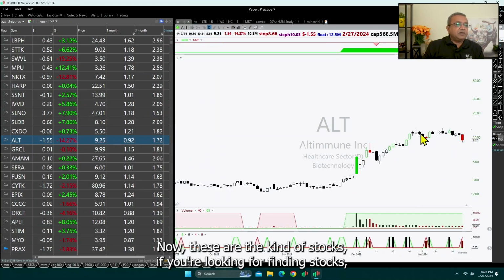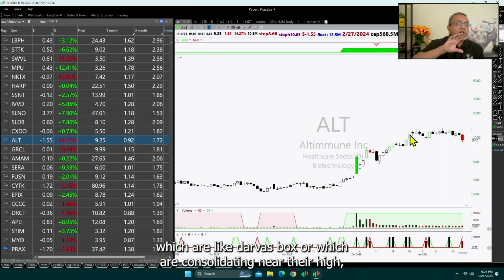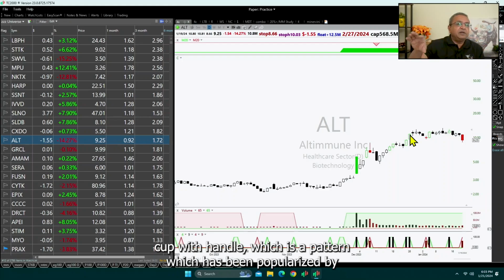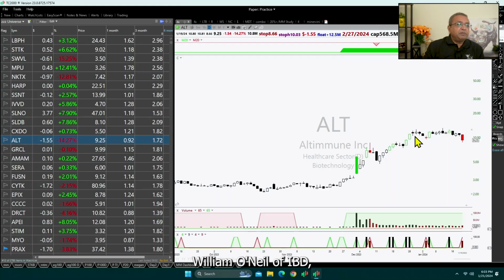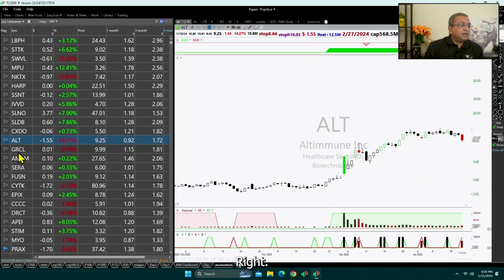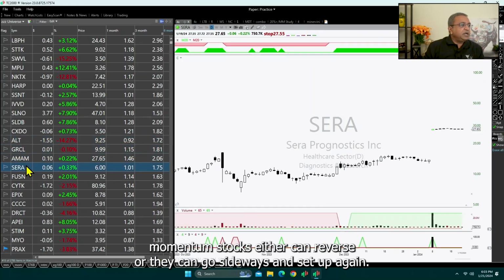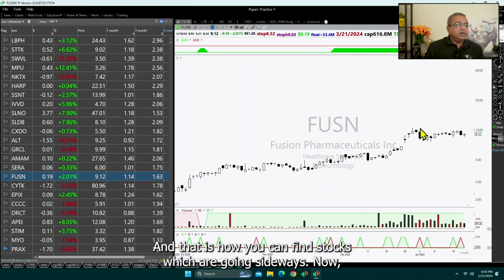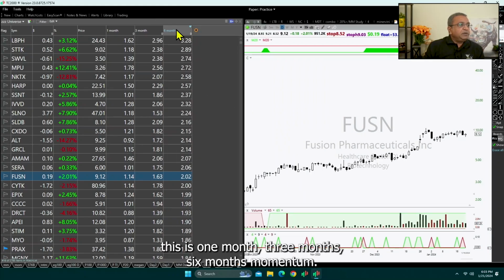These are the kind of stocks, if you're looking for stocks which have a Darvas box, or which are consolidating near their high, or stocks which are going to be forming a cup with handle, which is a pattern popularized by William O'Neill of IBD, they are all going to be in stocks which have a 6 months momentum, right? The 6 months momentum stocks either can reverse or they can go sideways and set up again, and that is how you can find stocks which are going sideways. So this is 1 month, 3 months, 6 months momentum.